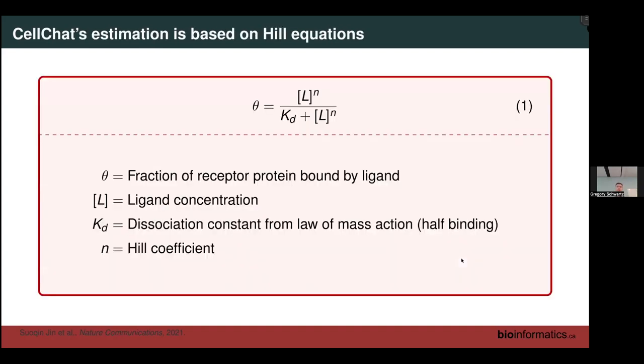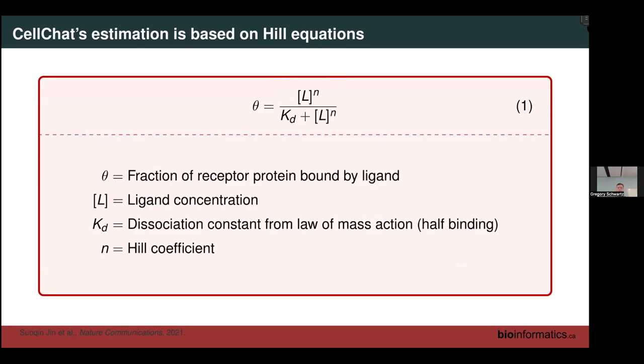So for example, they use their law of mass action, which is based essentially on providing the value for the dissociation constant as part of a Hill equation. So they use Hill equations all over the place in their model.